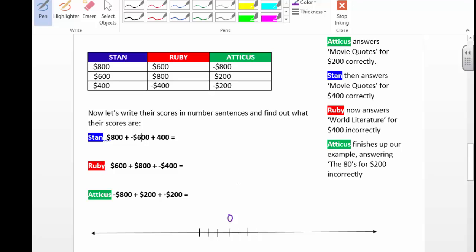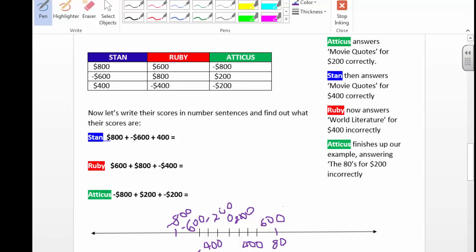So here's $200, there's $400 down here, and we have $600. And then we have minus $200, minus $400, minus $600, and a minus $800 up here. That'll help us get going.